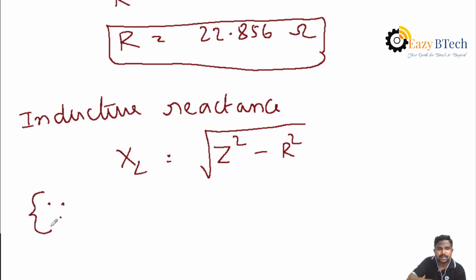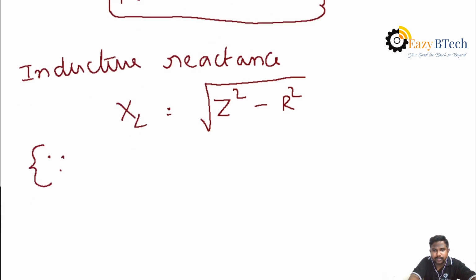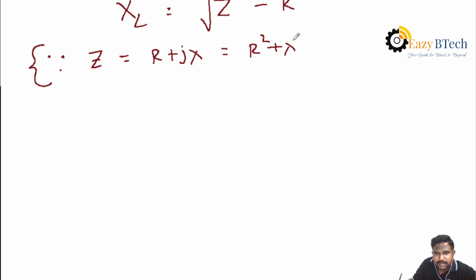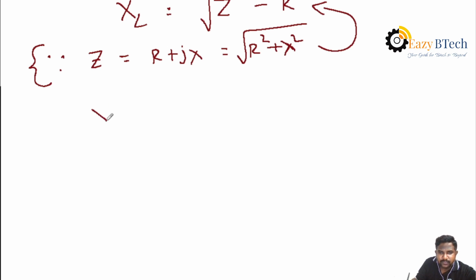We know the formula Z equal to R plus jX. From that, the magnitude is square root of R square plus X square. So by using this formula, XL equal to square root of Z square minus R square. Therefore, we find the inductive reactance value.